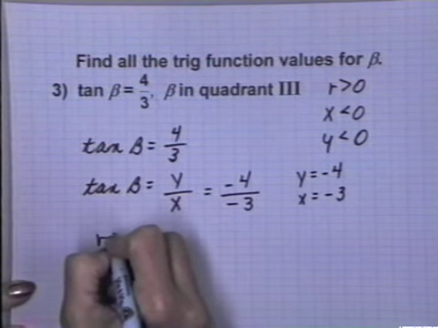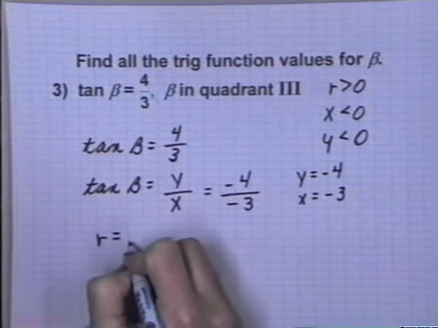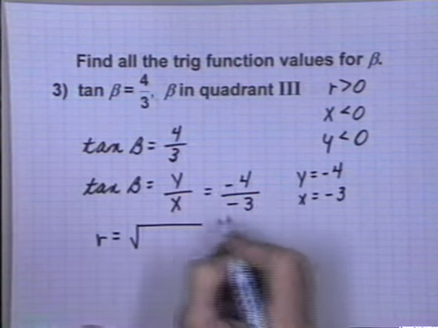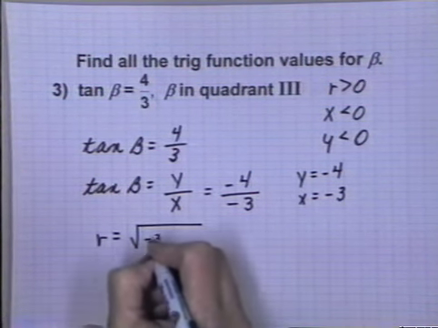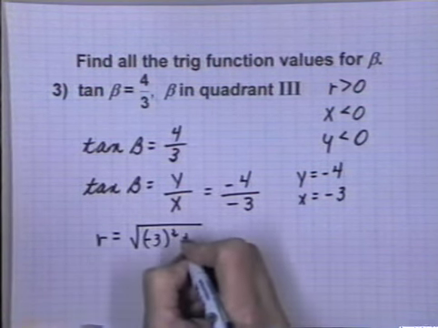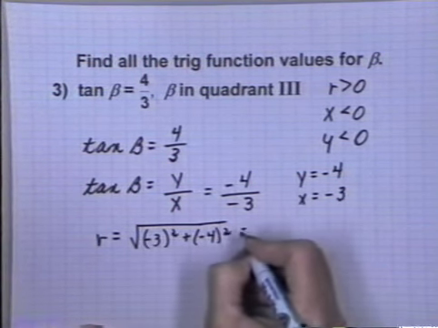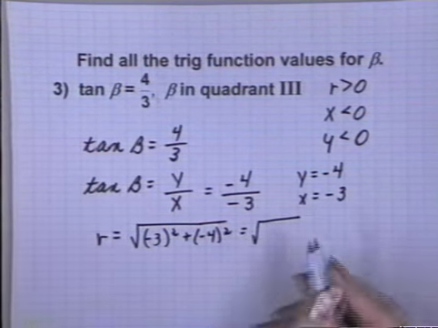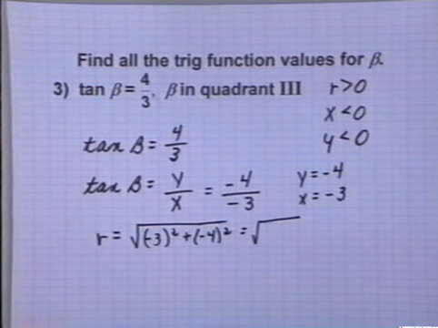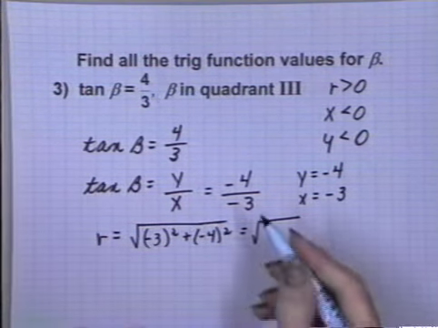Now we can find our r, which of course is the square root of x squared plus y squared. Our -3 squared gives us 9. Our -4 squared gives us 16.